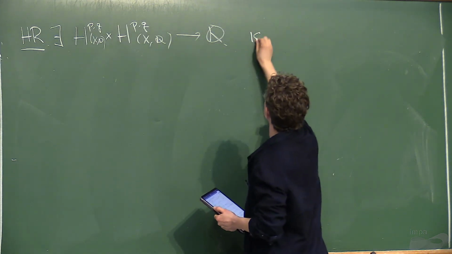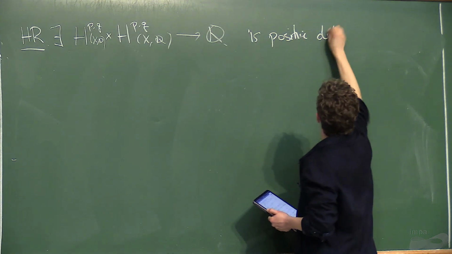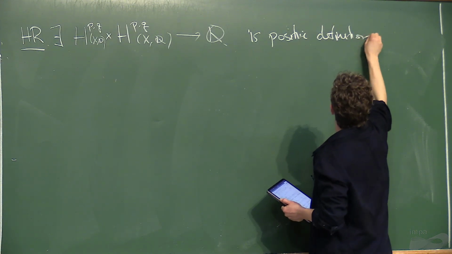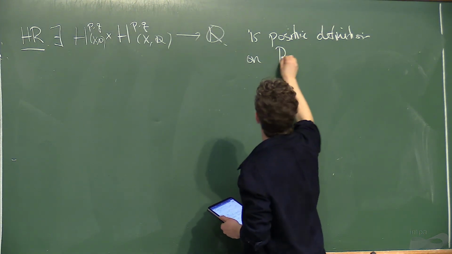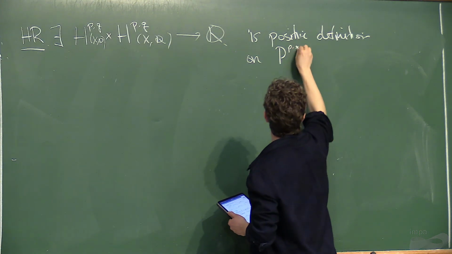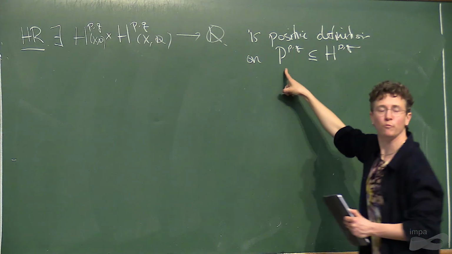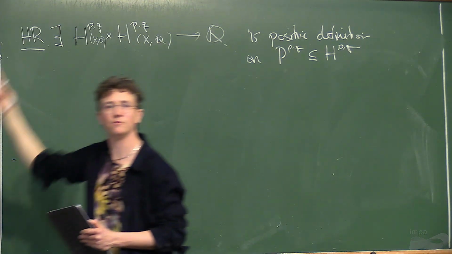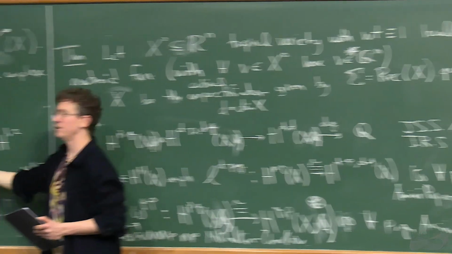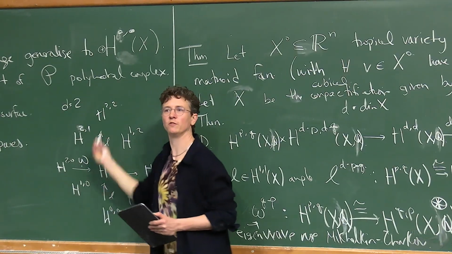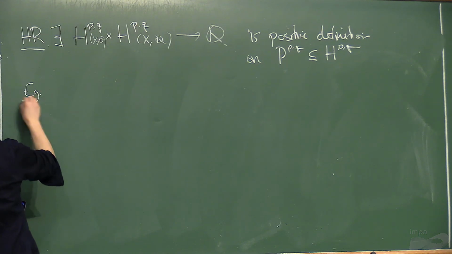And it is positive definite on some subspace called the primitive part. And normally for the primitive part, we use the Lefschetz class to define it. Here we have to use both W and L to define the primitive part. I'm not going to give the full definition, but let me just give an example.